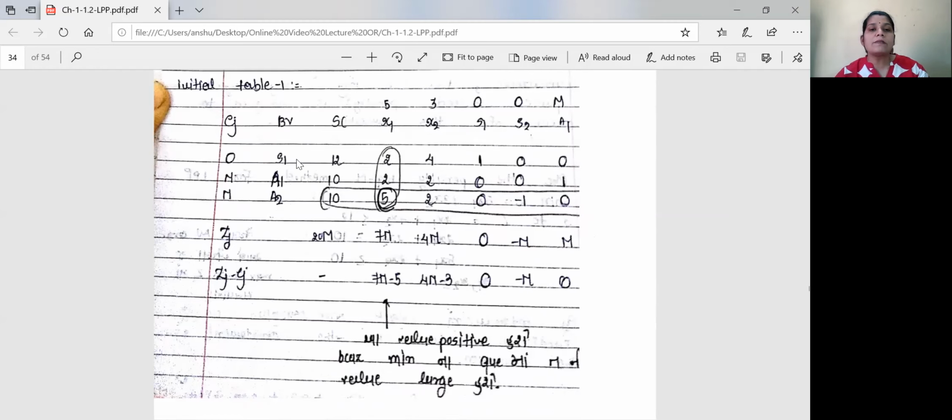Our Cj column is according to this: the s1 coefficient is 0, so we write 0, and the a1 and a2 coefficients are plus M, so we write plus M.